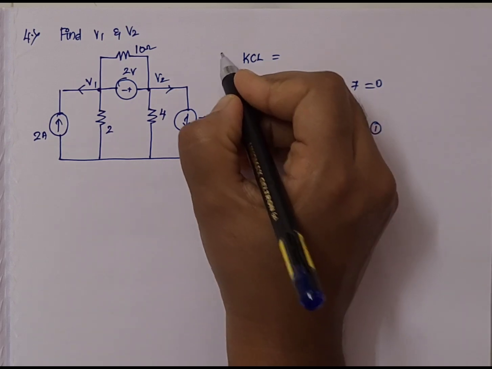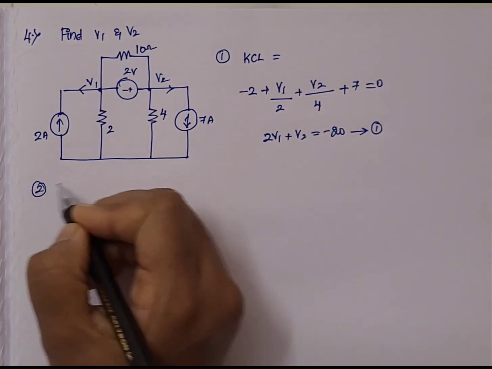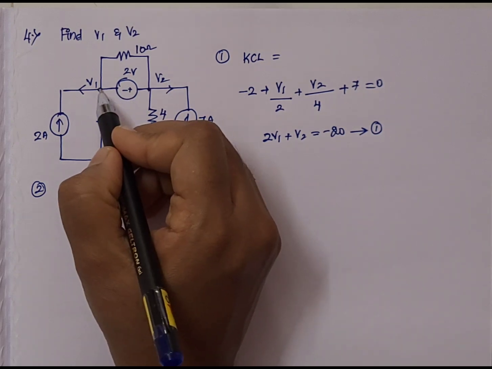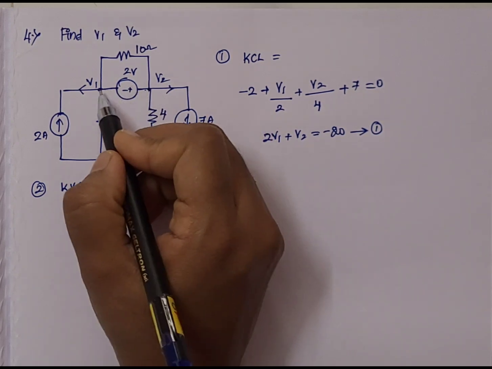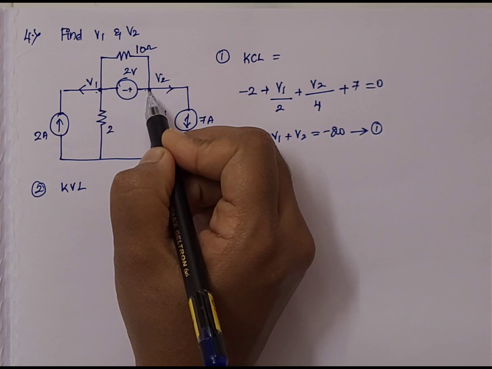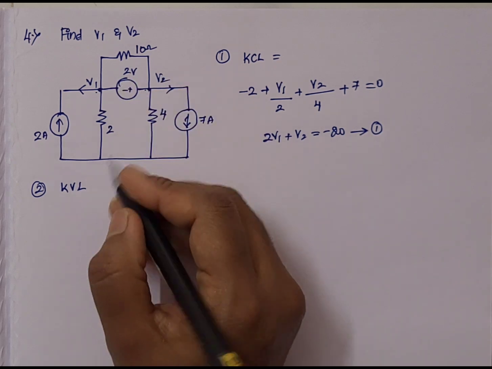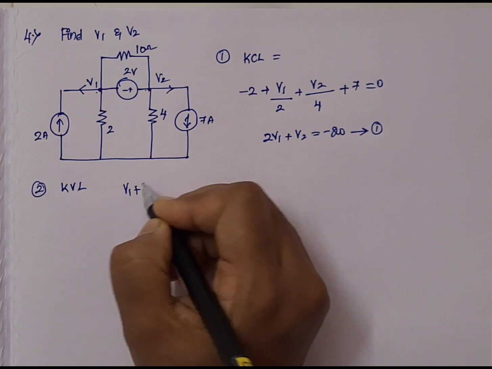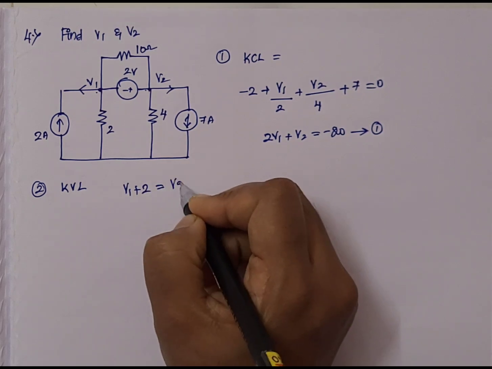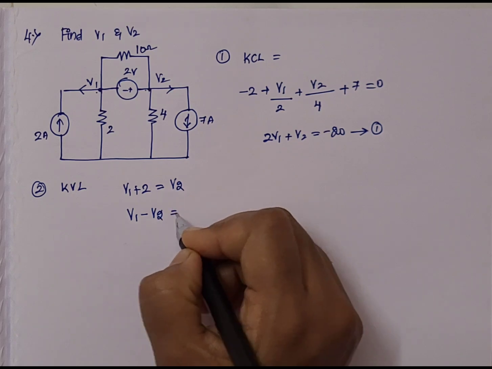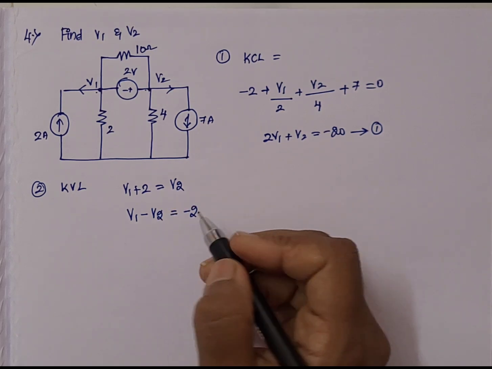The second step is we have to apply KVL at the super node now, which means the potential difference will be equal to the value of the given voltage source here. So we can write it as V1 plus 2 equal to V2, or V1 minus V2 equal to -2.